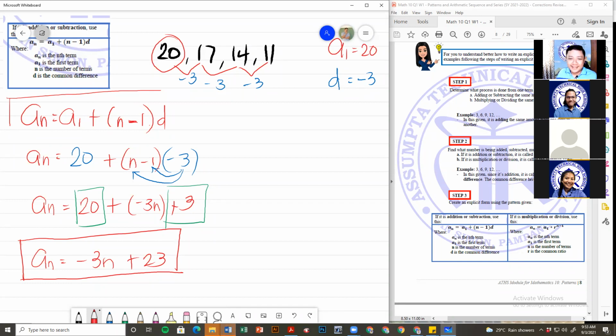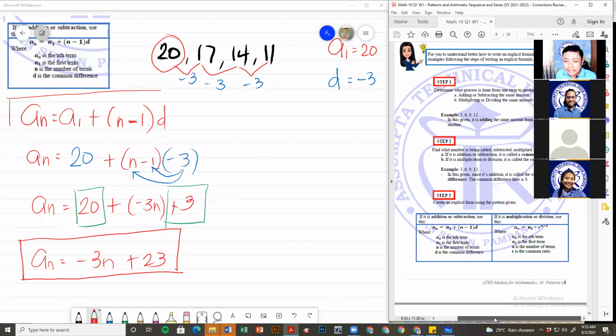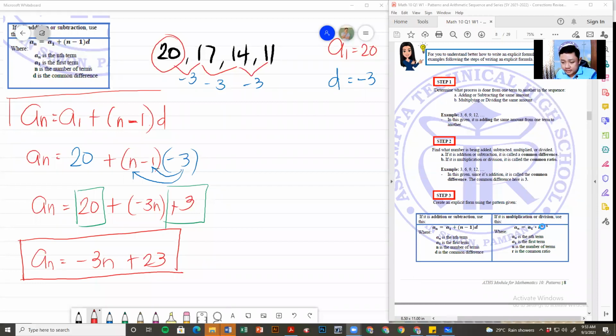Okay? Very good. And of course, if the pattern is multiplication, we will be using a different formula.